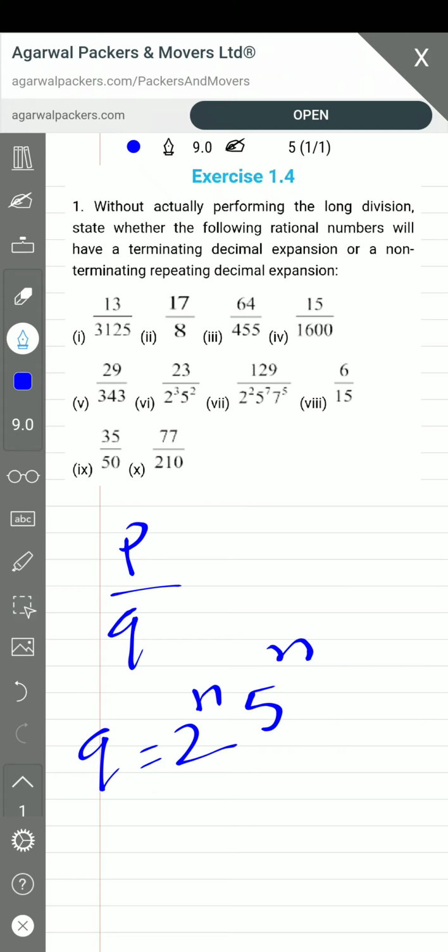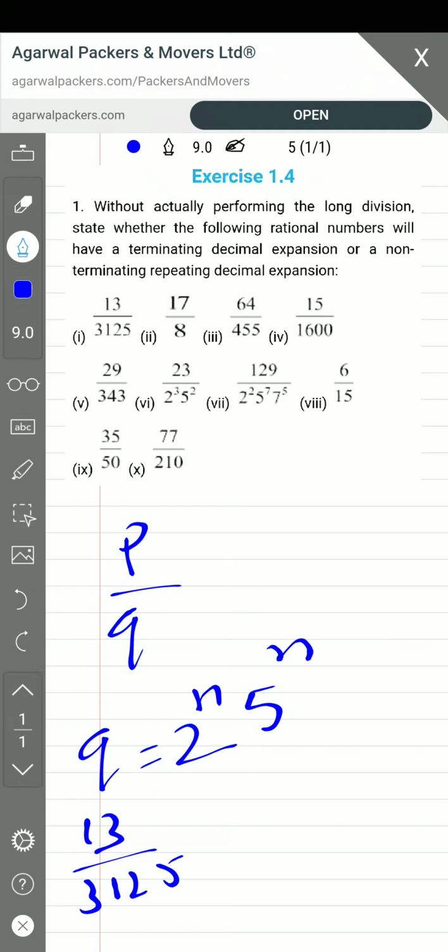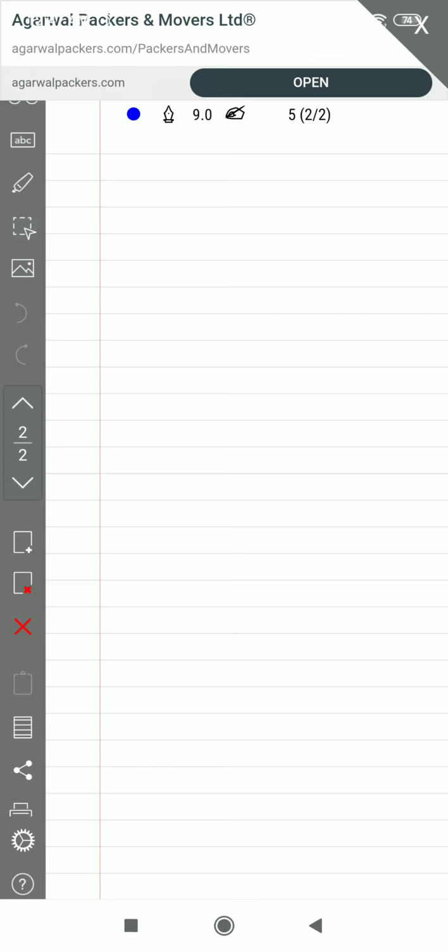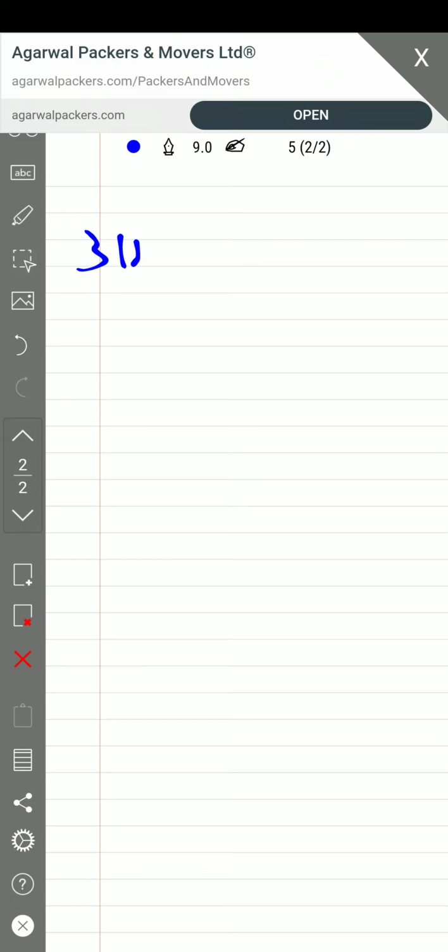Now the first one is 13 by 3125. You can see here that 3125 is nothing but 5 power 5. 5 power 5 is 3125.